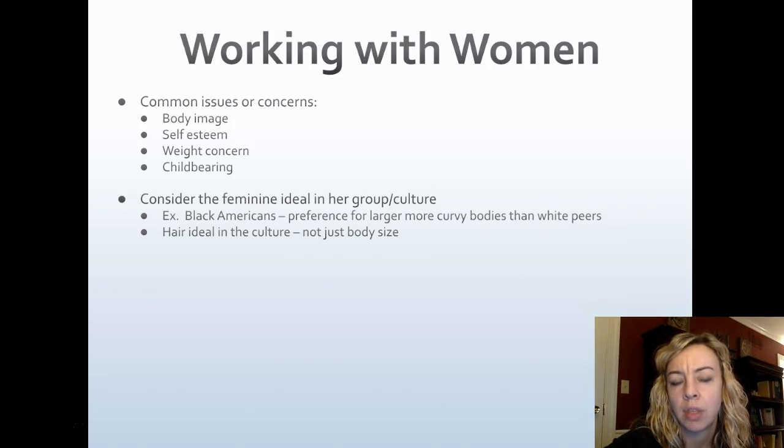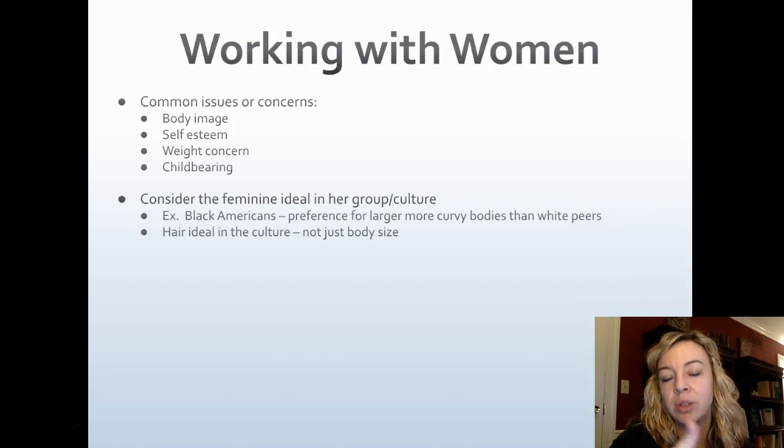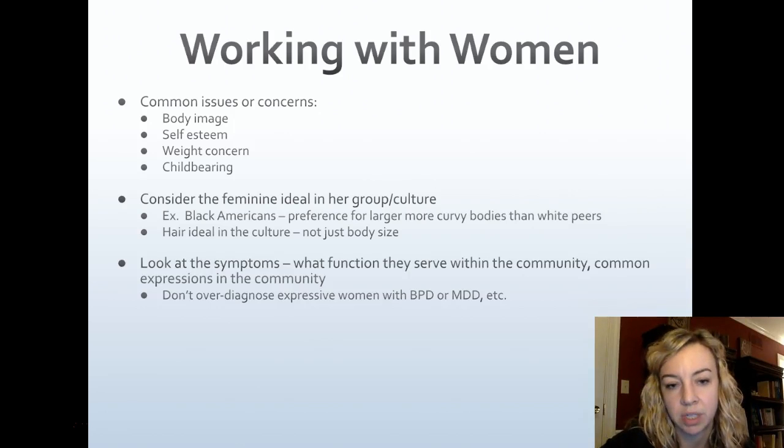And so think about these common issues according to the intersection of other identity categories for the person that you're working with. Look at symptoms and also consider the community that the person is from and common expressions within the community.